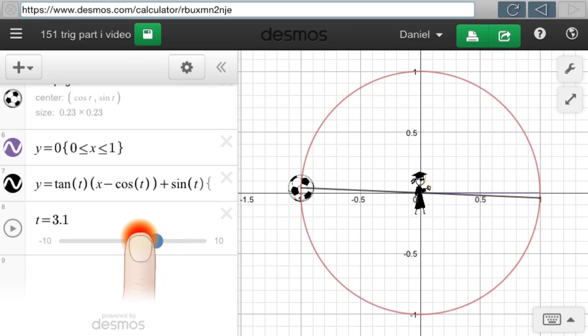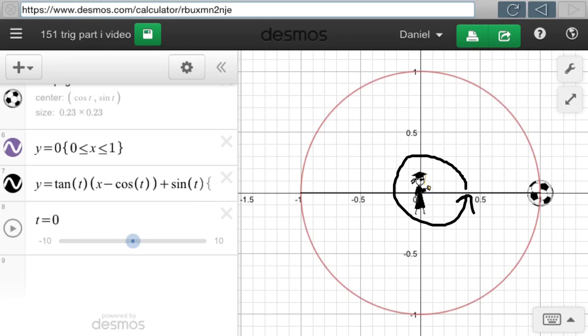So one full rotation around a circle in degree measure would be 360 degrees. That's a full rotation. Now, in terms of this soccer ball, what is the soccer ball doing?